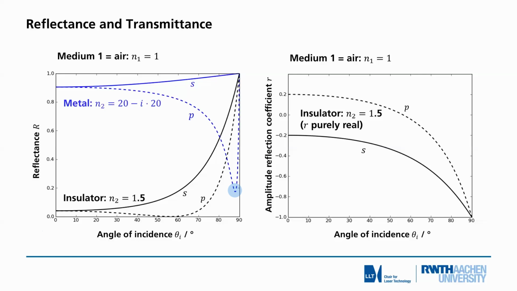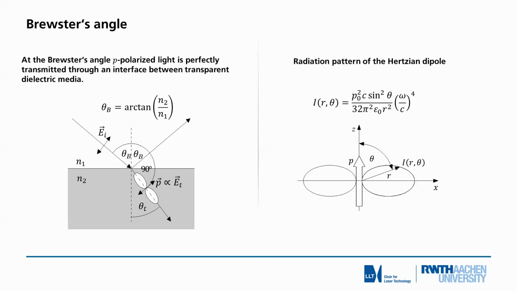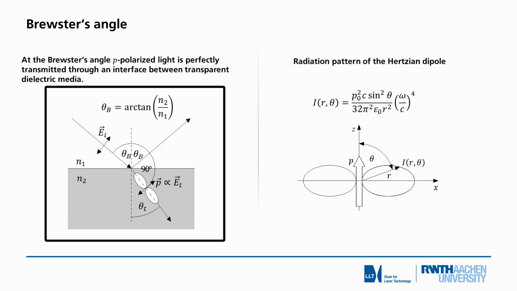There's a straightforward explanation to this, and this is sketched here in this picture on the left. If you look at a situation where the incident beam and the reflected beam, of course, are under the same angle with respect to the normal of the surface.